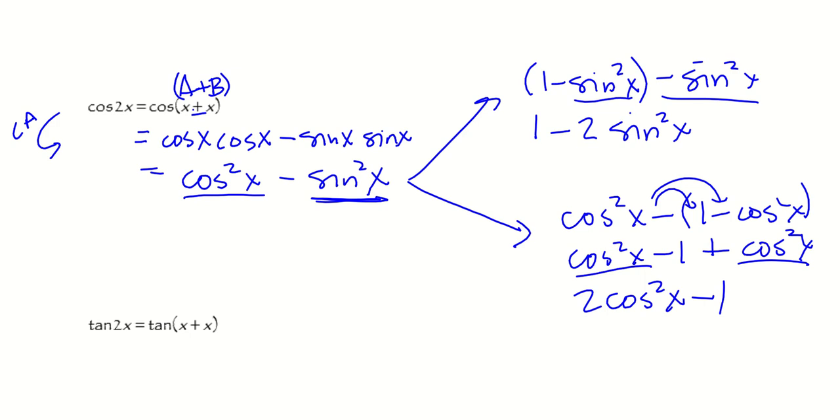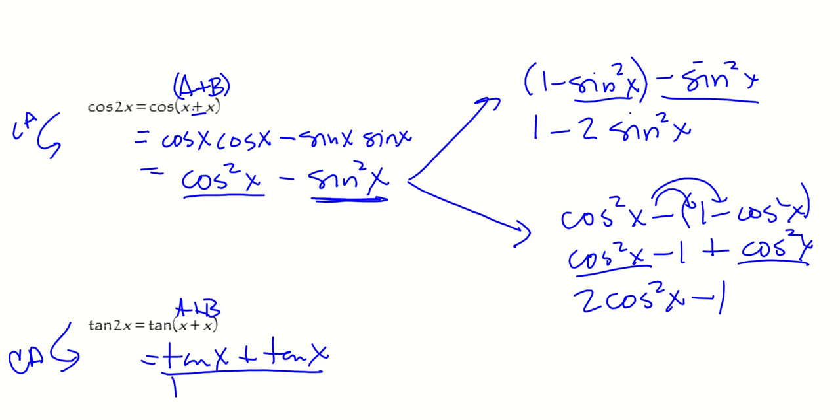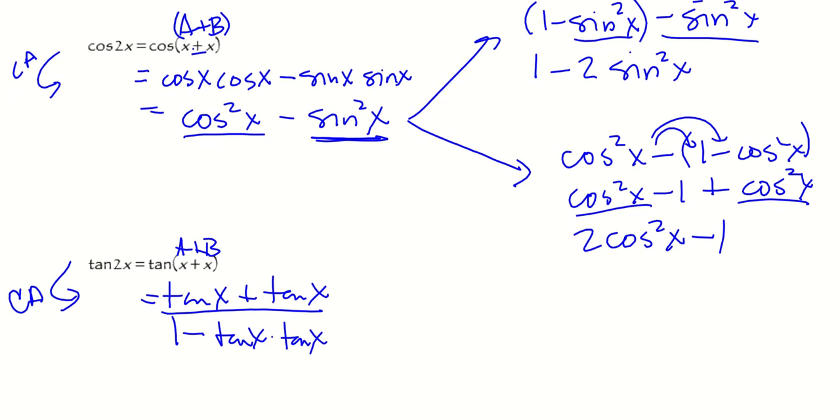If we look at the tangent of 2x, here's my a, here's my b, using my composite argument identity, this becomes the tangent of a, my first angle, plus the tangent of b, my second angle, over 1 minus the tangent of the first angle, x, times the tangent of the second angle, also x.